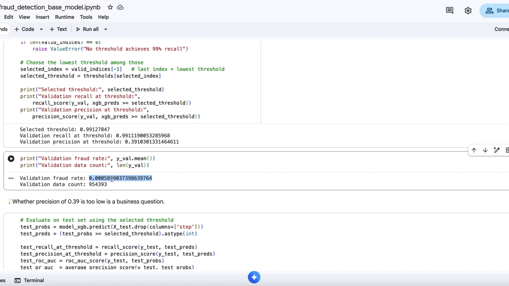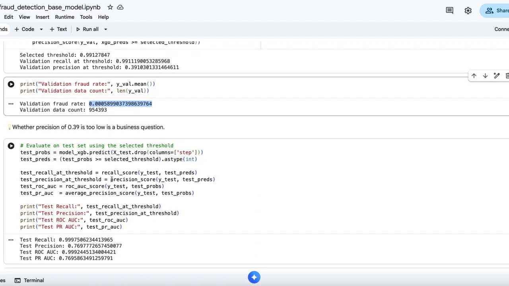So if we are to catch 99% of them, say 59 out of 60, we would have flagged a total of 150 transactions, including 91 innocent ones, for the human team to further check. Doesn't sound too bad, right? When the base rate is so low, but whether that is acceptable in real life is a business question.